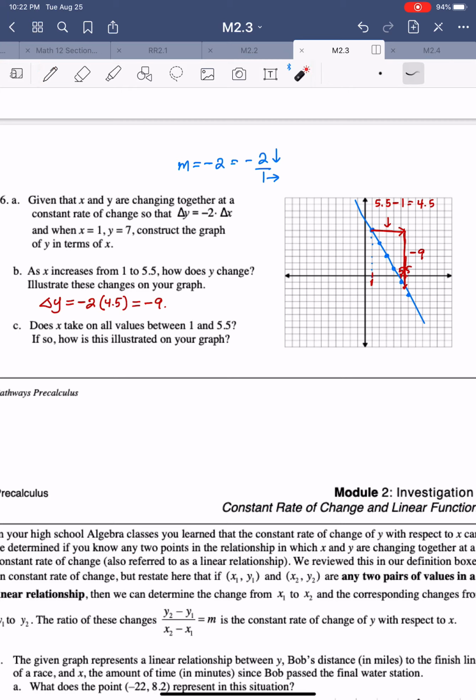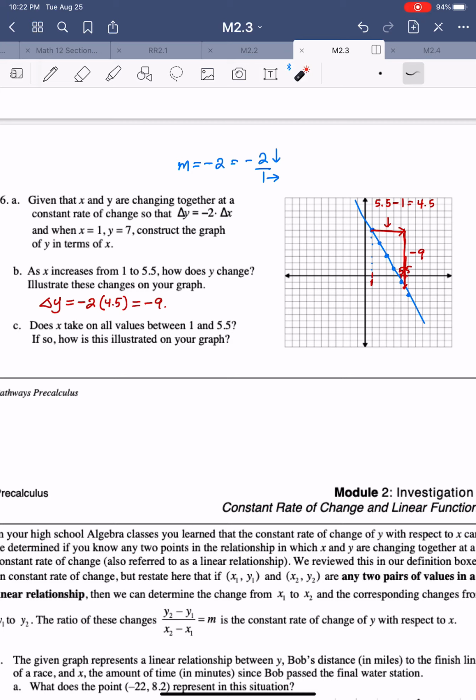So as you look at the graph, it is a solid, isn't it? So it takes all the values of x. If so, how is this illustrated on your graph? Since x varies continuously from 1 to 5.5, it takes all the values between these two numbers.